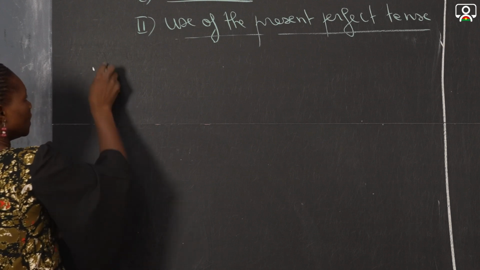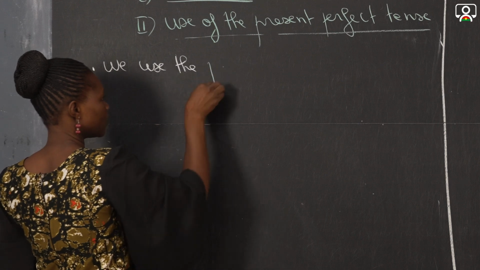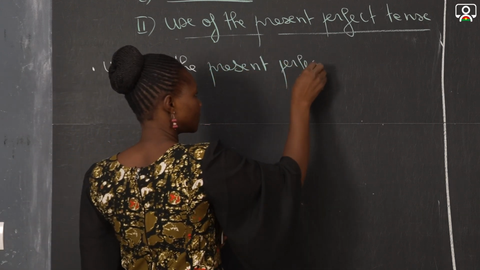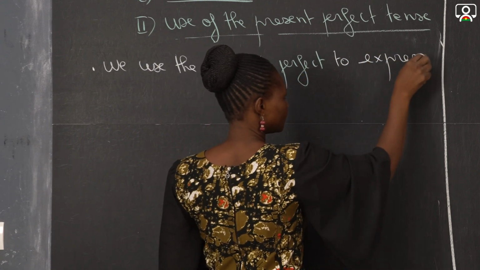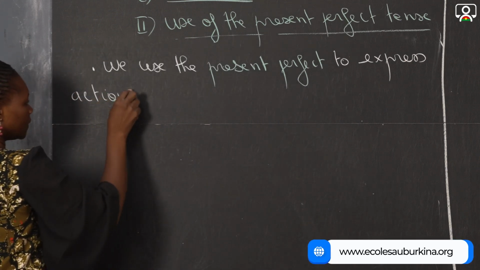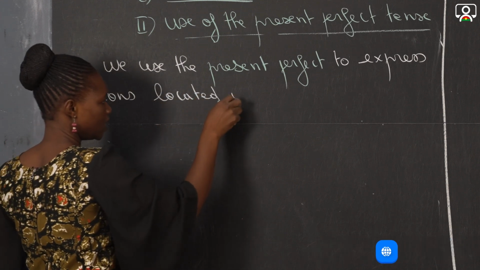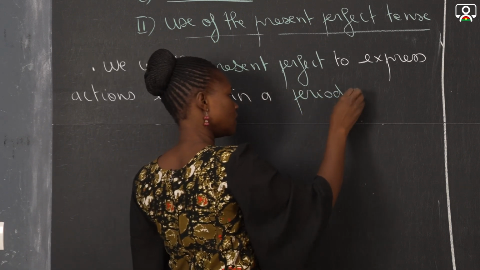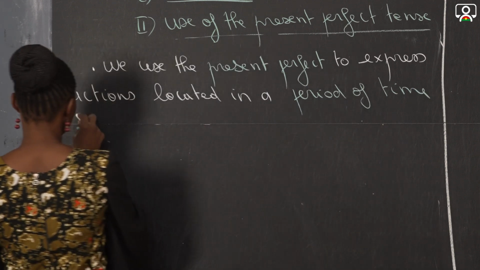So first, we use the present perfect tense to express actions located in a period of time which is not totally over.